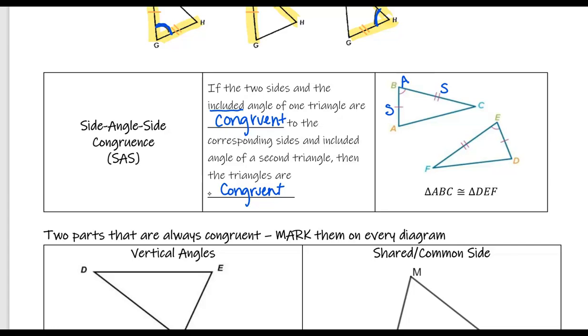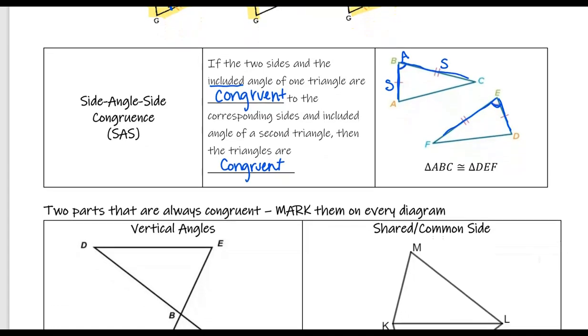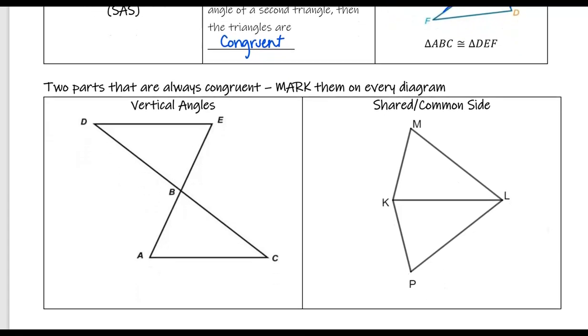I call it kind of the Oreo cookie. So we have to have one side of the Oreo cookie, then it's touching the white filling, and then it's touching the other side of that Oreo cookie. So one thing right after the other. And we have that again here, a side, then that angle, and then the other side touching one right after the other.